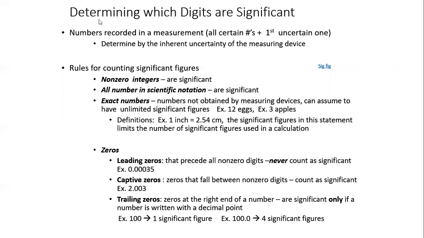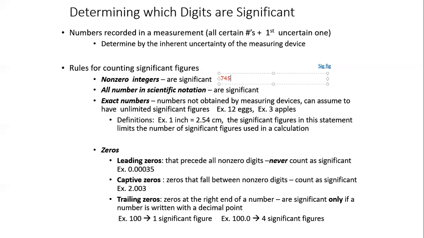Now, if we're given a number and we're asked to identify the number of significant figures, there's a few rules we have to remember. So the first rule is any non-zero number is significant. So for example, if we had the number 745, since all of those numbers are non-zero, this means that all of them are significant.